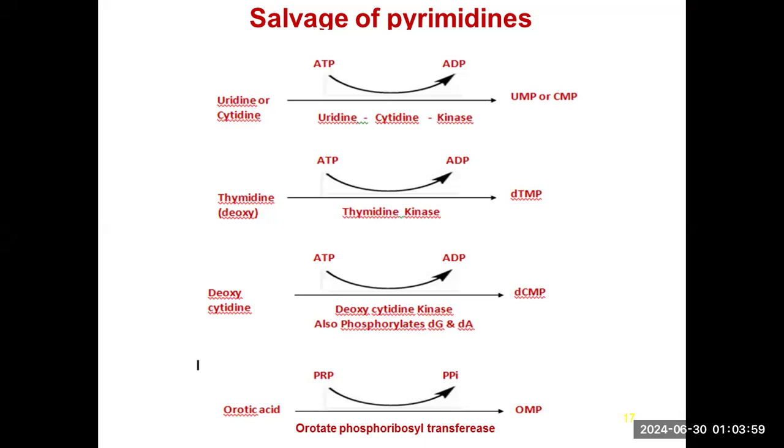In this case, orotic acid is a simple pyrimidine derivative base, and we are adding phosphoribosyl pyrophosphate, that is sugar with phosphate. So it will directly be converted into a nucleotide rather than a nucleoside.